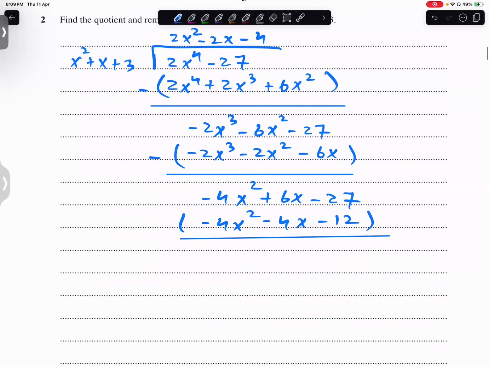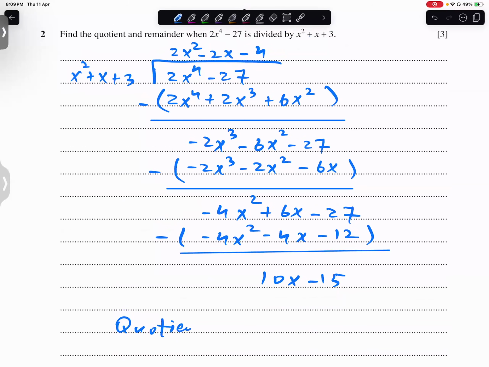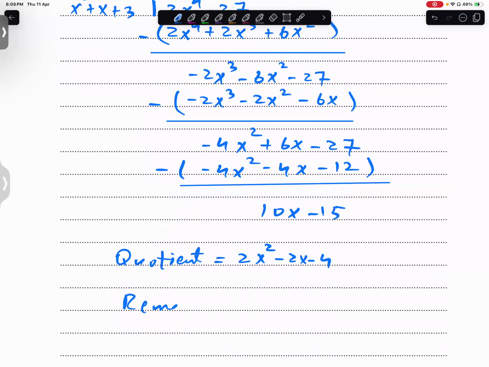So this will be 10x. So minus 27 plus 12 will be minus 15. So quotient is 2x^2 minus 2x minus 4, and remainder is 10x minus 15.